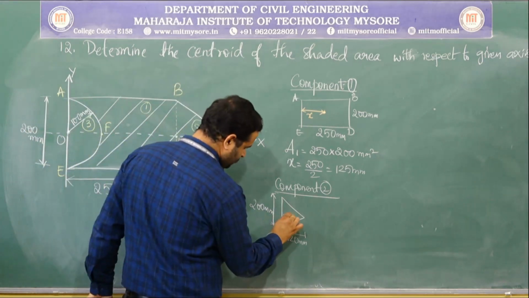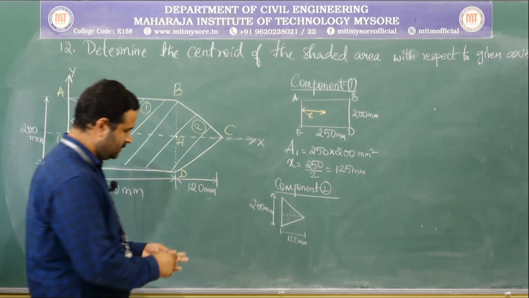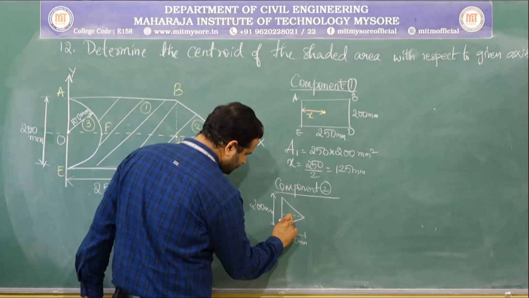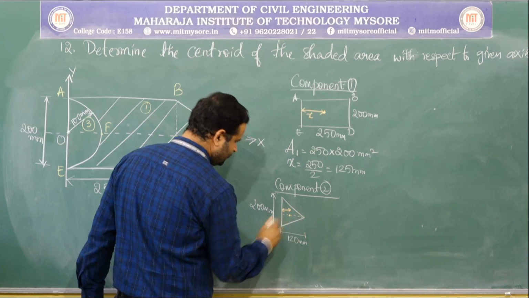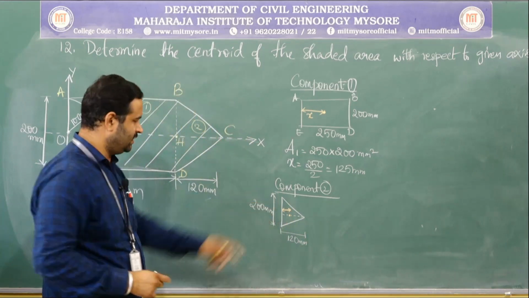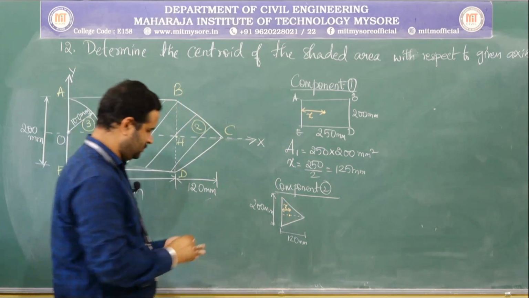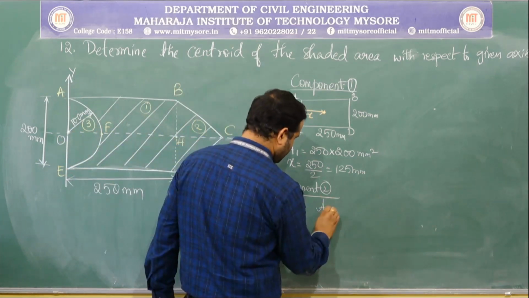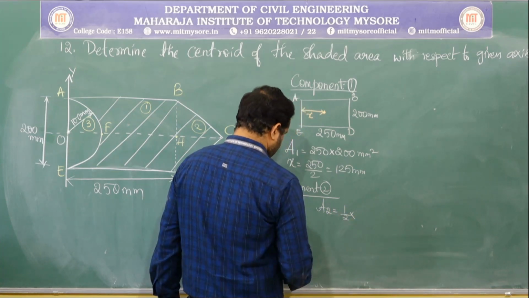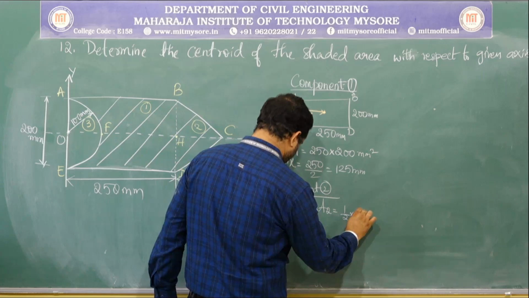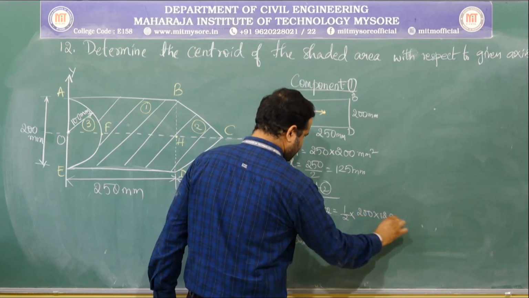Now, we need to measure its x component only. We know that this x component lies somewhere here and that value is nothing but 120 by 3. So, A2 is equal to half into 200 into 120 mm square.